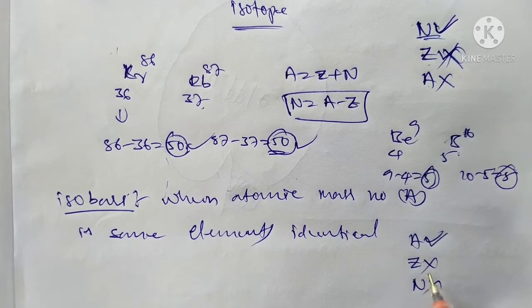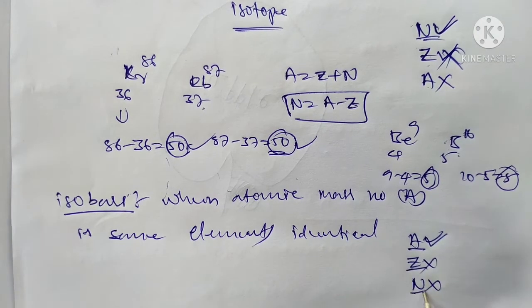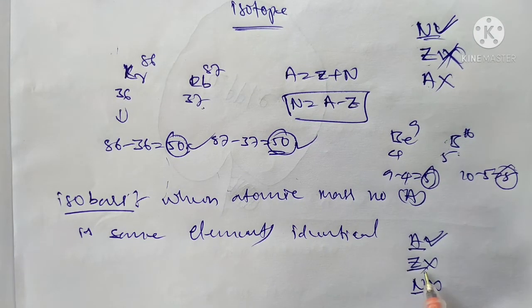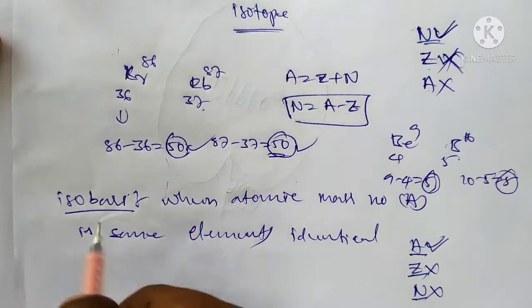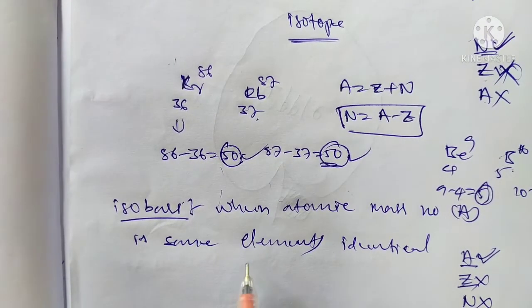Some elements have the same A but different Z and different N. That means the atomic number and neutron number are different, only the atomic mass number is the same. This type of element is called isobars.